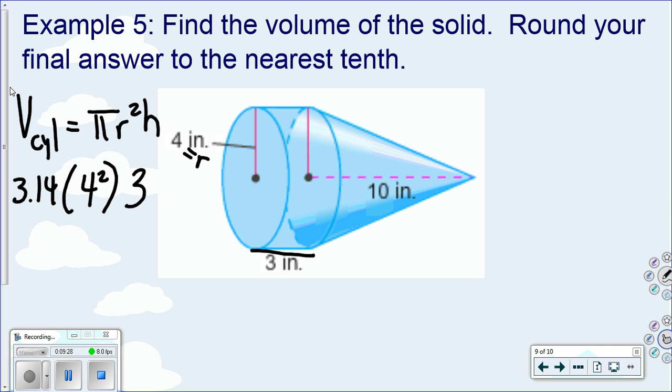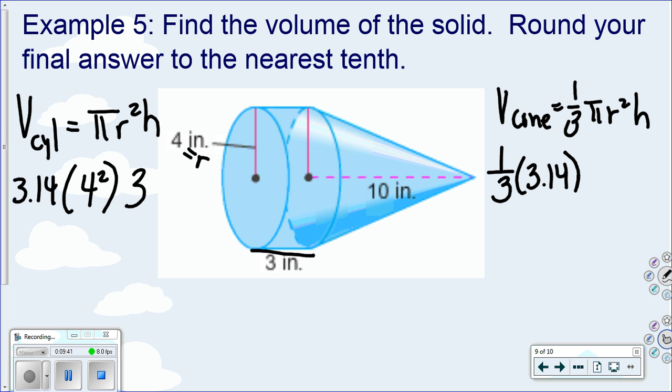Next, I'm on the cone. The volume of the cone is 1/3 pi r squared h. 1/3 3.14. What's the radius of the cone? 4. It's 4. It's the same as the cylinder. 4 squared. And what is the height of the cone? 10. Yep, very good. So that's the height.